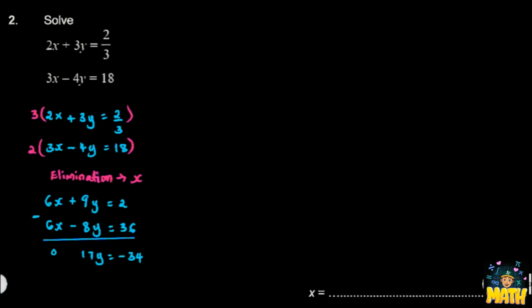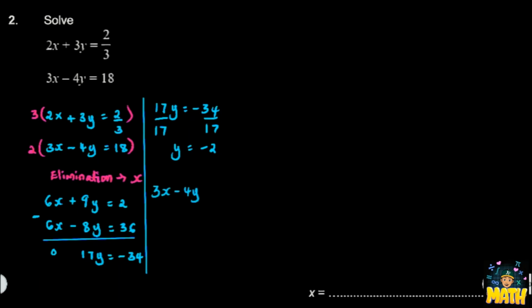So rewriting that, I will make a line right there and then rewrite that 17y equals negative 34. Then divide by 17 on both sides. So y equals negative 2. So once I have the value for y, I can use it to find the value of x by substituting this in any of the two equations that we have.